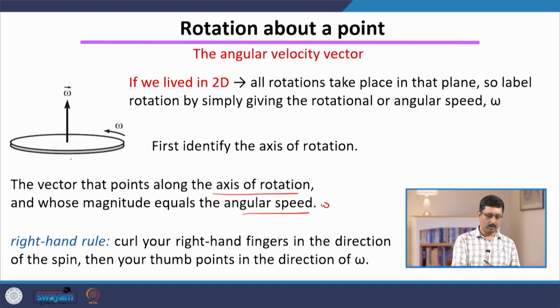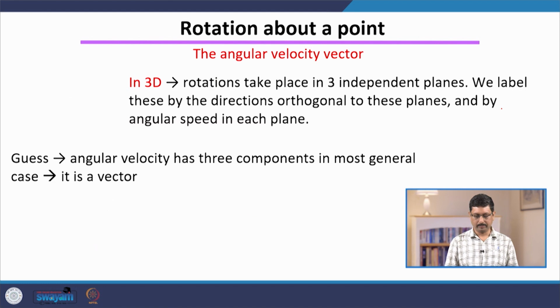Now, there are 2 possible directions, up and down, and you choose which by applying the right hand rule: you curl the fingers of your right hand in the direction of the rotation or spin, and the thumb points along the axis of rotation, which is the direction of omega. So, in this case the direction is fixed and the only thing that matters is the magnitude.